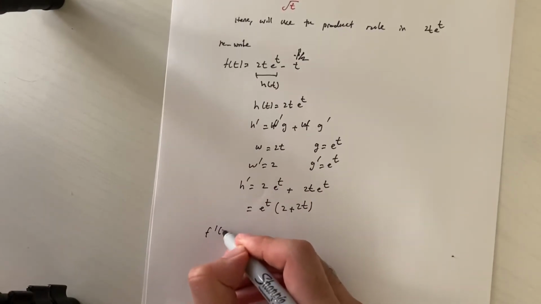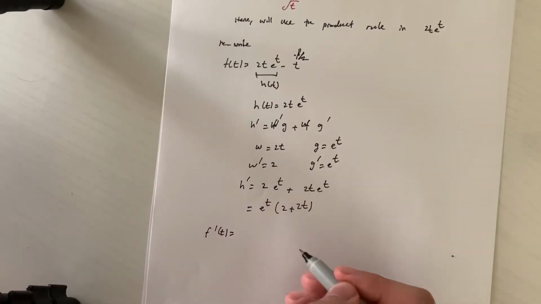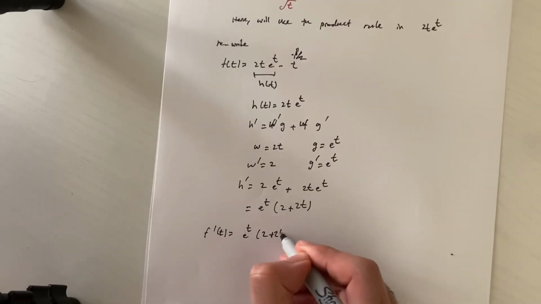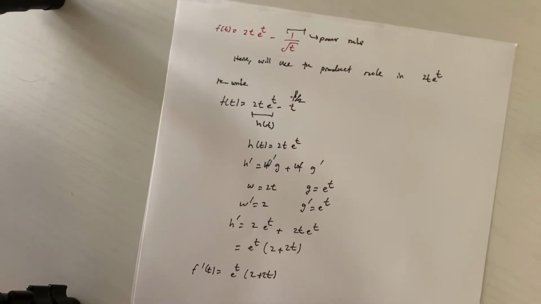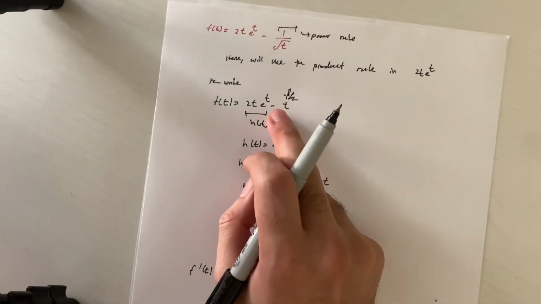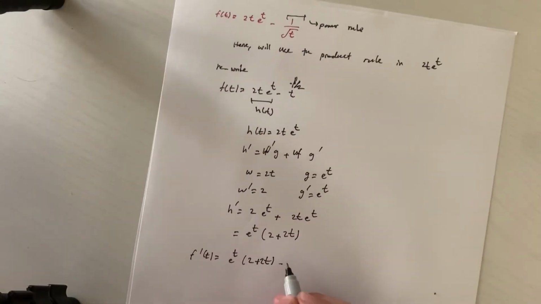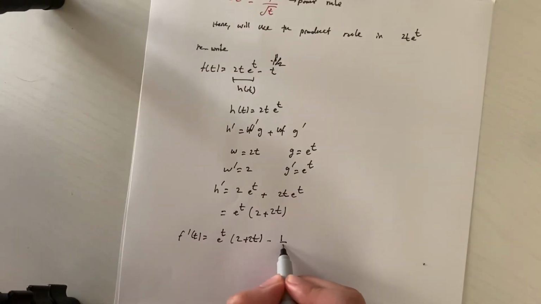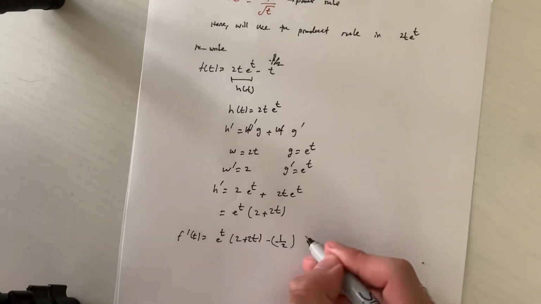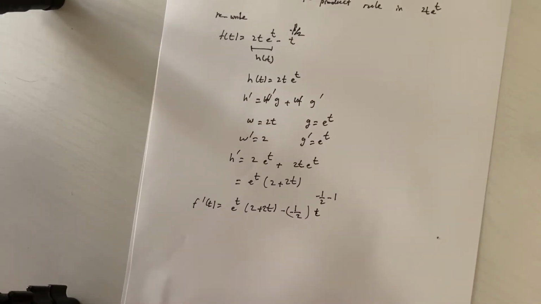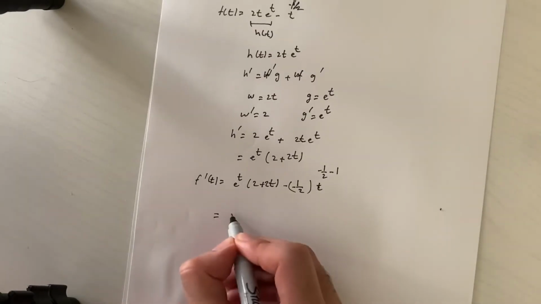But we are left with the second term, for which we can use the power rule. There are two negatives in here, so we have to use parentheses and make sure we don't mess up these negative signs.